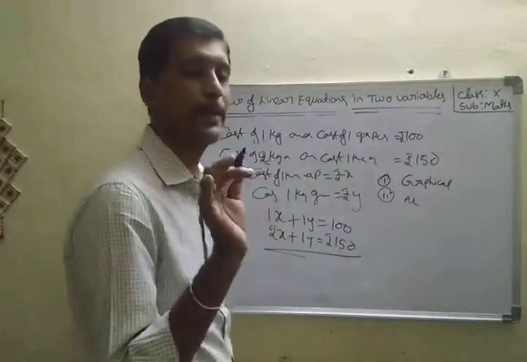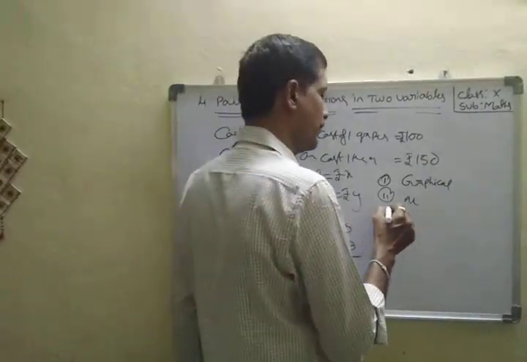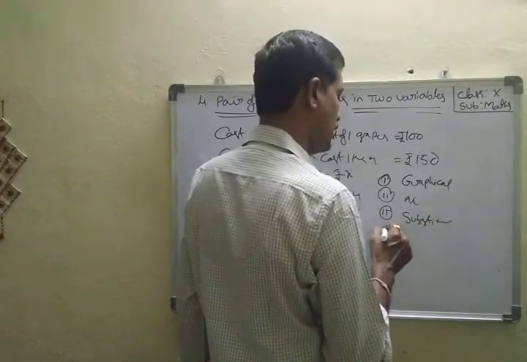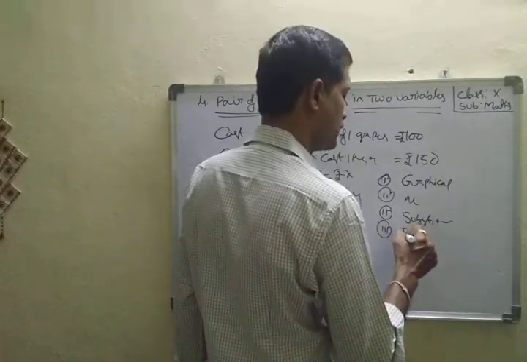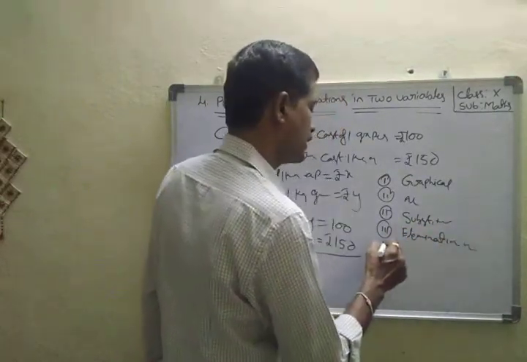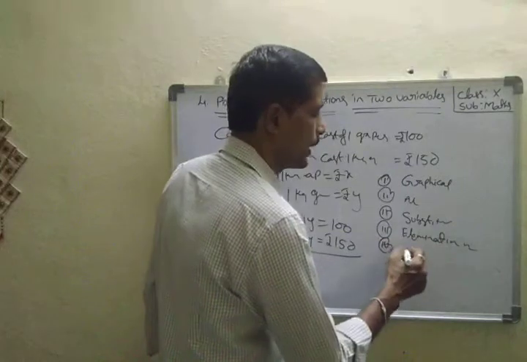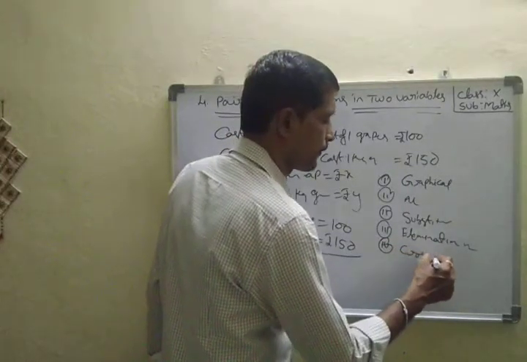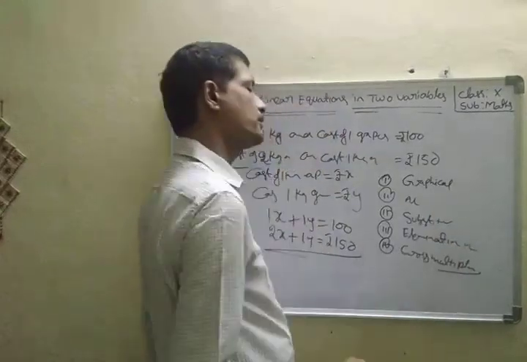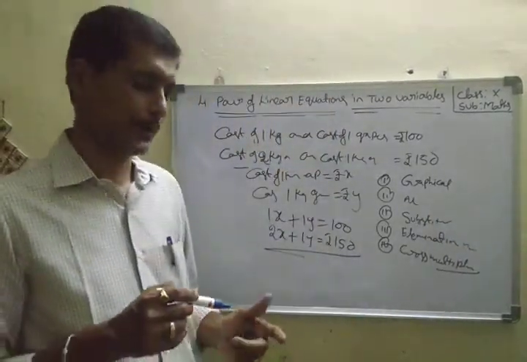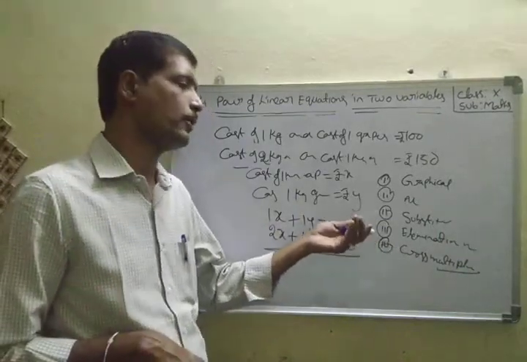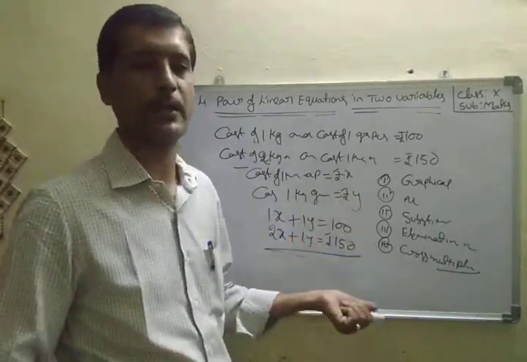Here the substitution method and elimination method are very important. Next, the fourth one is the cross multiplication method. You already did substitution and elimination in previous classes, but you don't know them well.